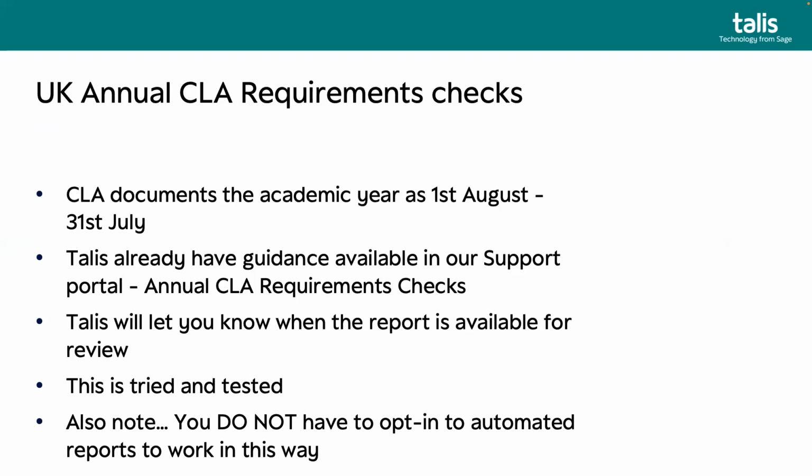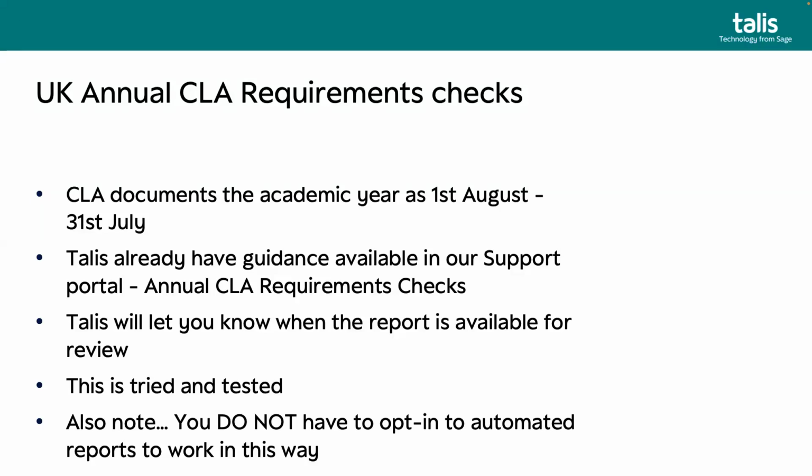This is something that the CLA asks us to do each year as a third-party technology provider. And essentially, at the beginning of August, we have to run checks against every scan that you currently have live in your system to ensure that it is still compliant with the CLA license for the next 12 months.